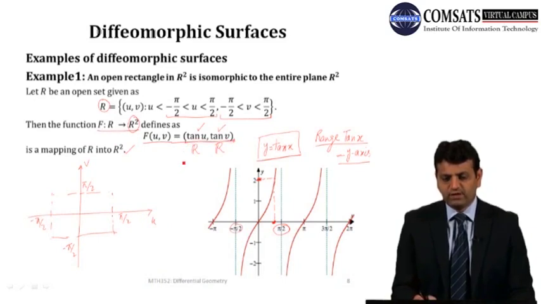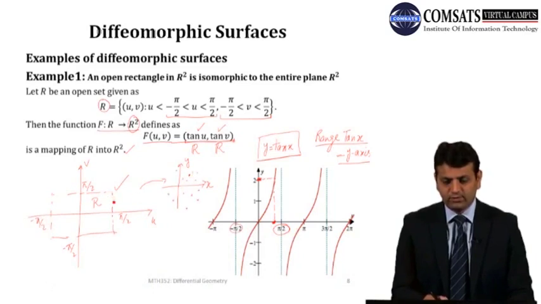So we have defined a function from this very small set R into the whole plane R2, और ये जो map है ये onto map है. So each and every point of R2 is image of some point of this set R in R2.